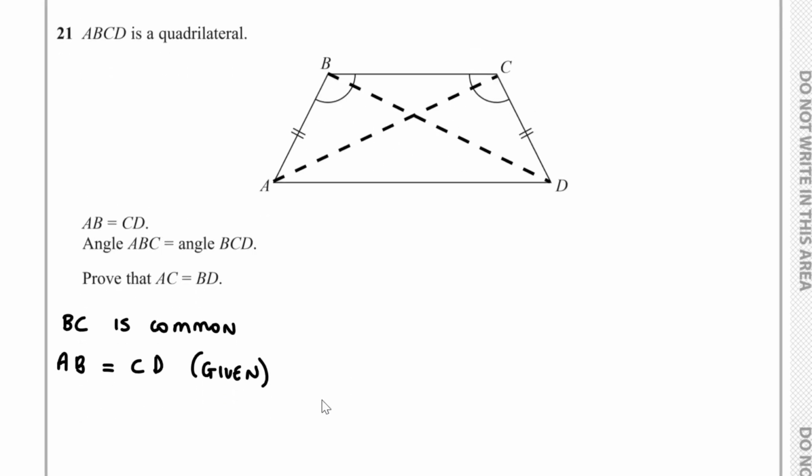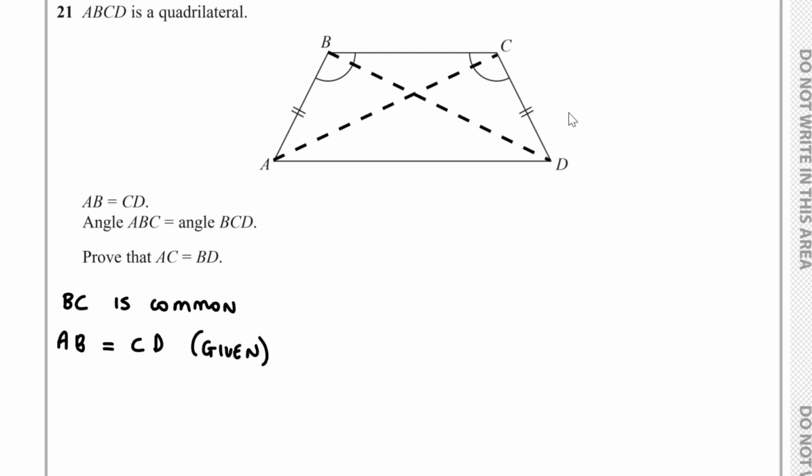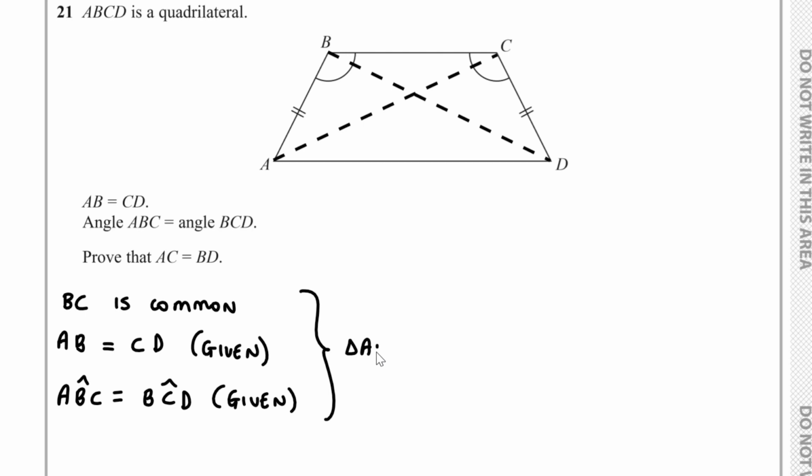And we know that the angle ABC is equal to the angle BCD. This is also given. And because of these three statements here, we can conclude that the triangle ABC and the triangle ACD is congruent.